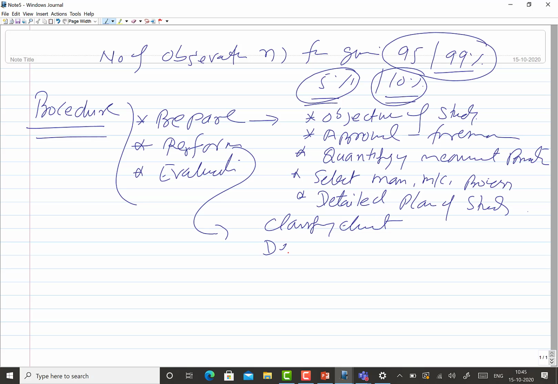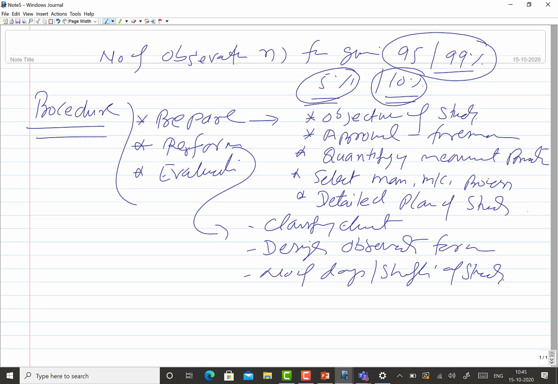Then design suitable observation forms. As per need, there are a variety of forms. I will show you some of the forms which are used. Then the number of days and shifts of study are identified, when the study will be done.